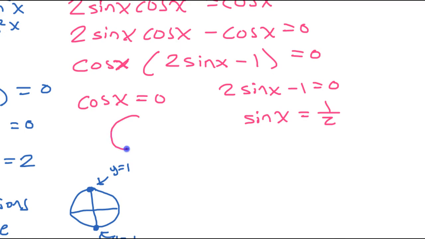Where is cosine equal to 0? Cosine is an x value, and x values are 0 on the y-axis. So that's pi over 2 and 3 pi over 2.